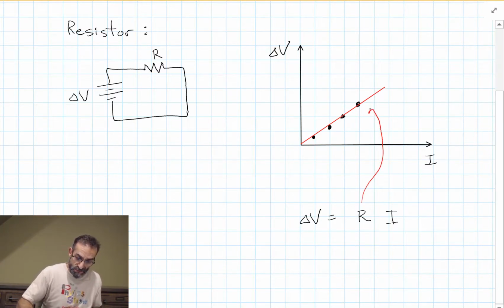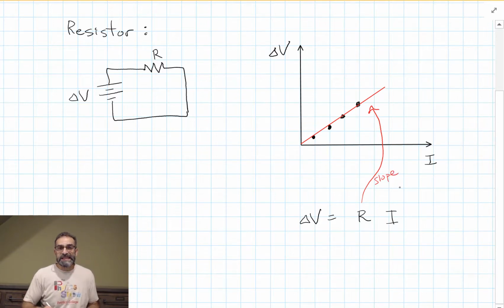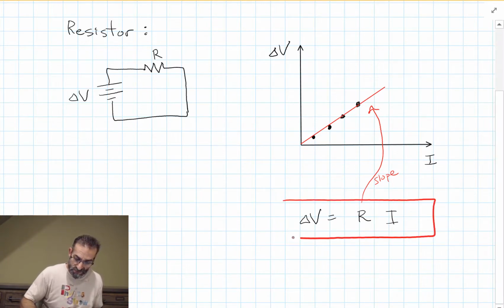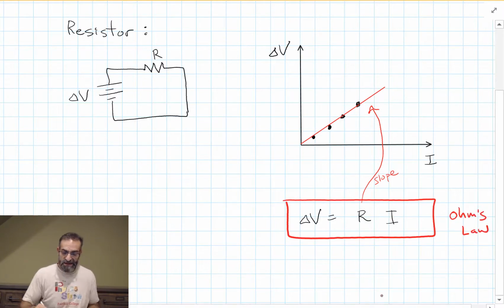The slope of that line. We call that the resistance of our resistor. V equals IR. That's Ohm's law. And any device that obeys Ohm's law is said to be an ohmic device. Not all resistors have this nice linear relationship.